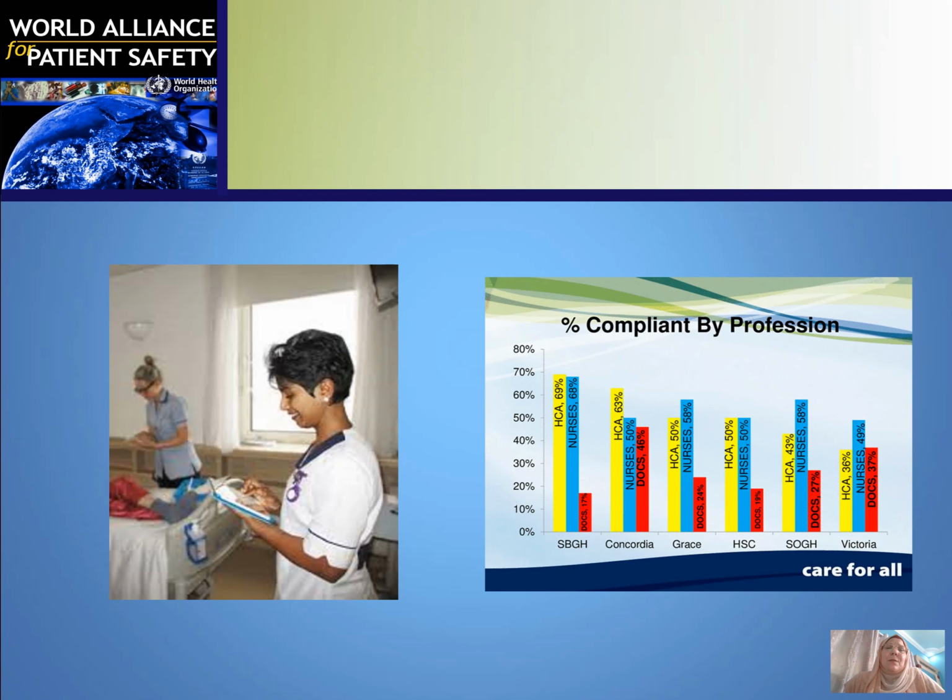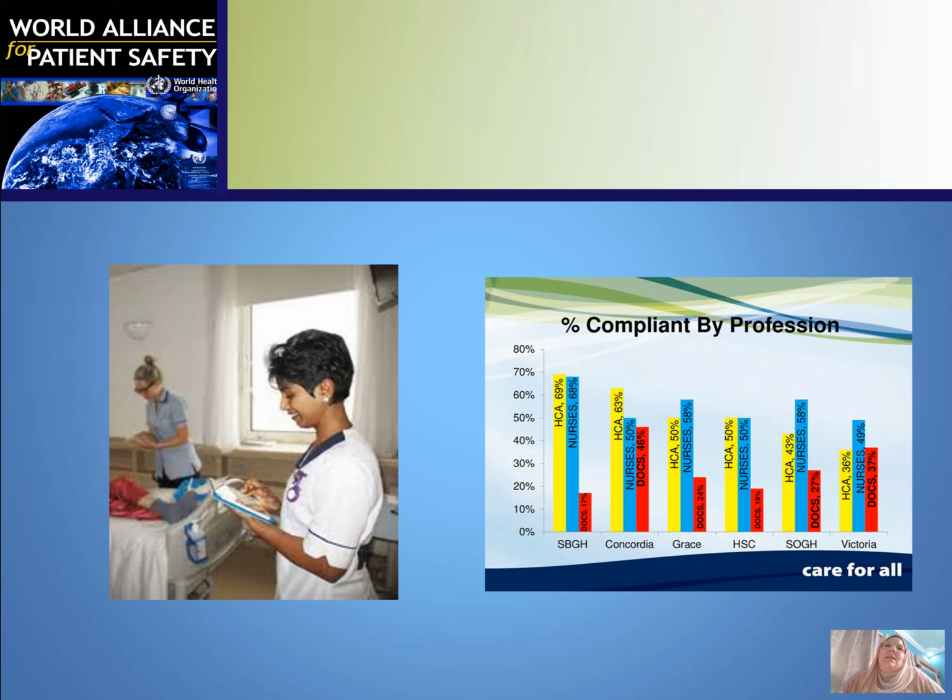This is an example of such an audit. On the left side, you see one nurse doing the audit and looking at what the other nurse is doing. And on the right side, you can see a bar chart. Here you can see in one hospital, they show the adherence rates to hand washing.